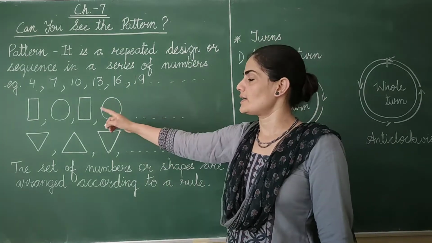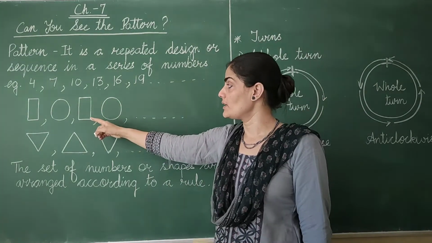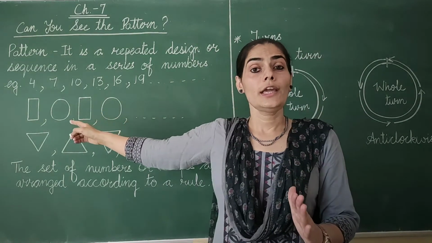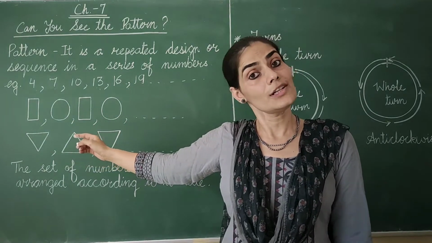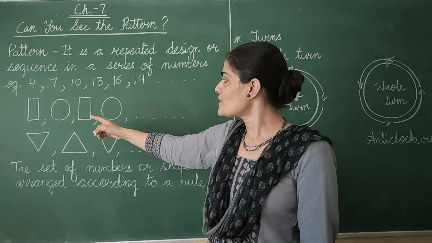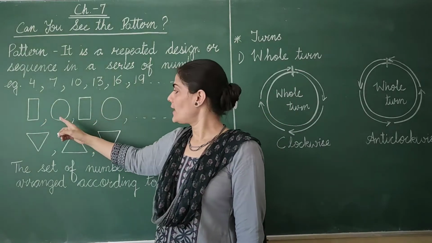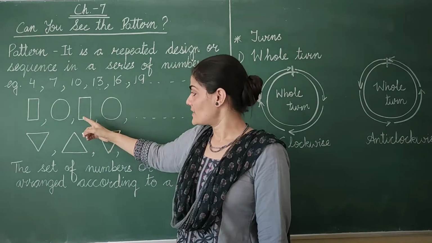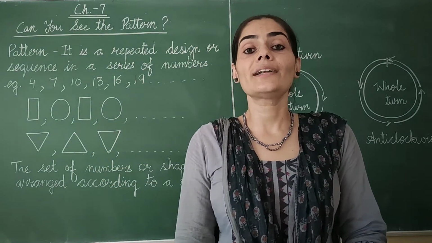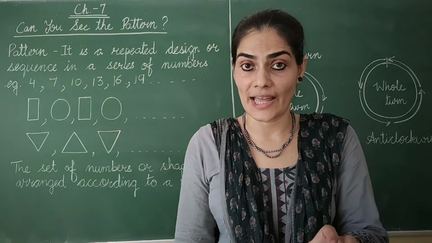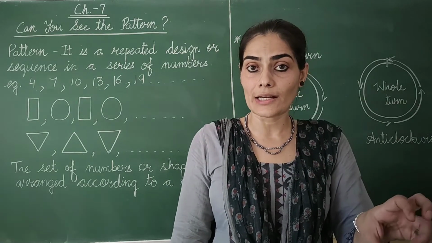Now check the second example. What is happening here? First of all, see, in place of numbers, this time we are using geometrical shapes. The first one is a rectangle, then it's a circle. Rectangle, circle. So what do we observe? That once it is the rectangle which is placed, then it's the circle.